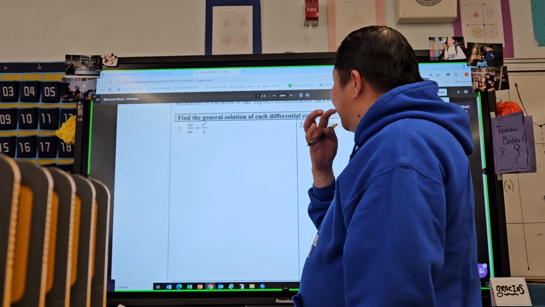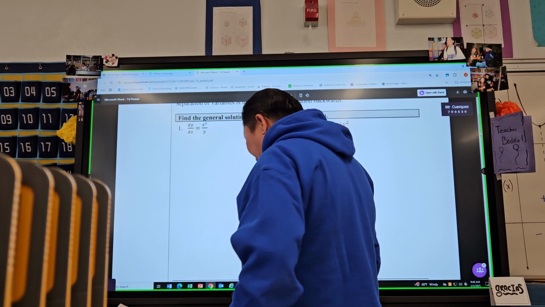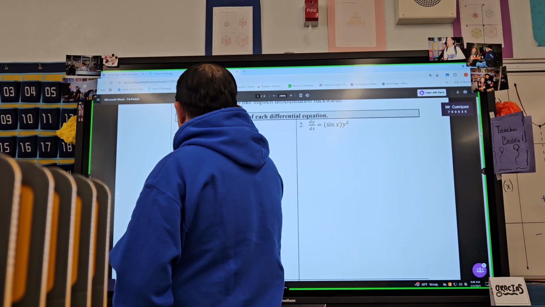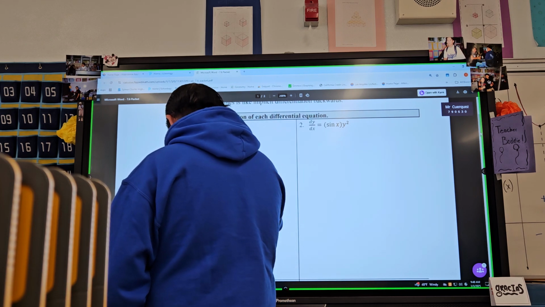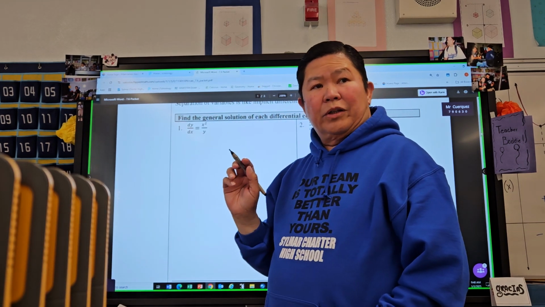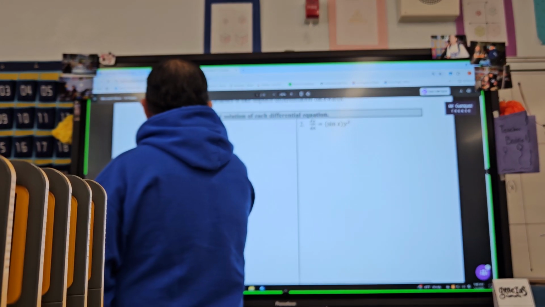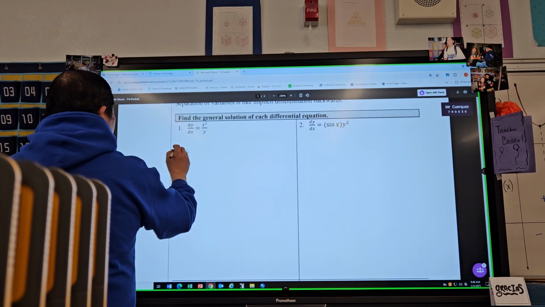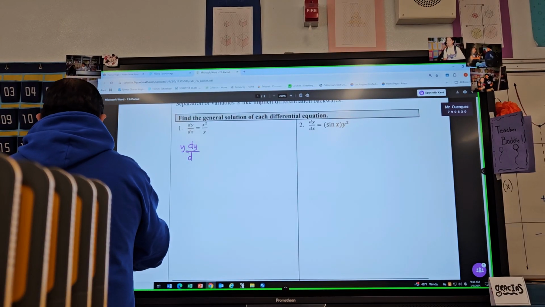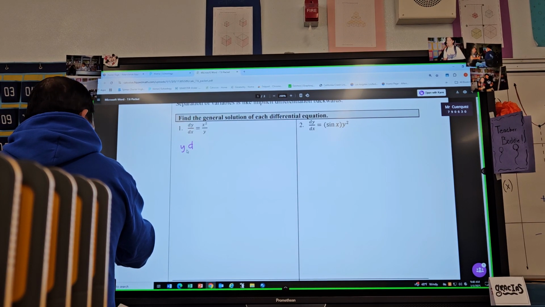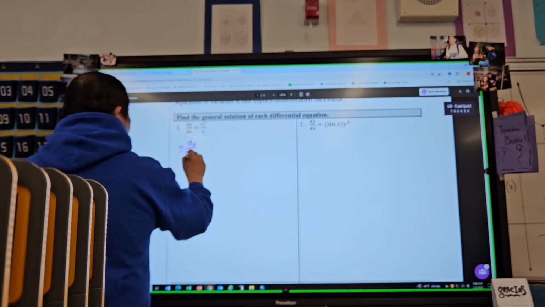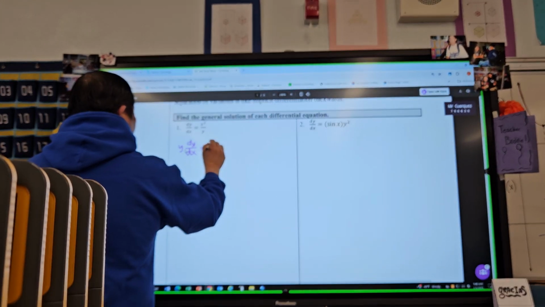Okay, so what we do is we can apply here, we have dy, so if we cross multiply, right, we can cross multiply, so we have y dy dx is equal to x squared.